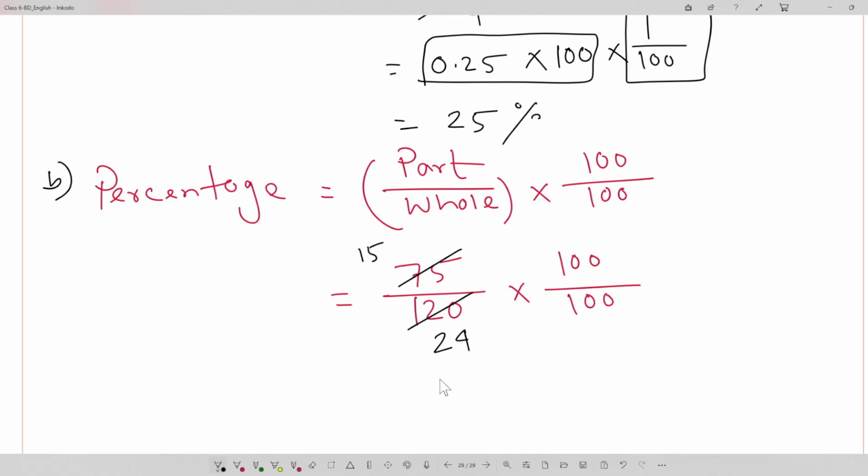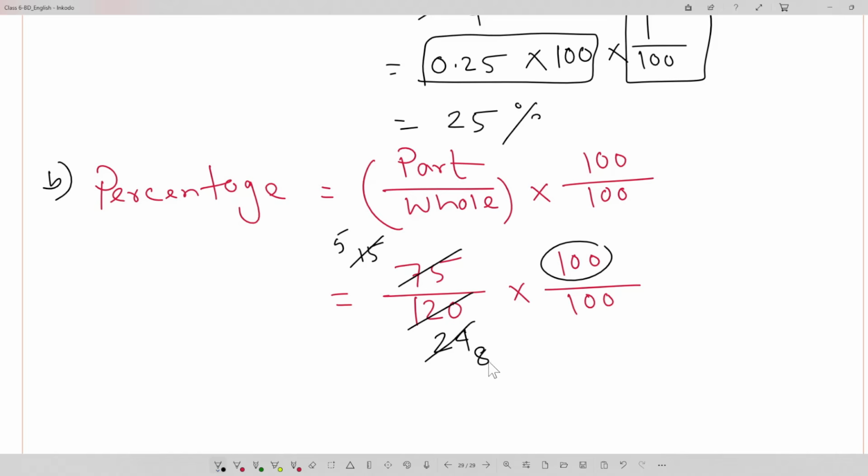Now what next? This one also, look, we can divide by 3. How? 24 divided by 3 is 8 and 15 divided by 3 is 5. Okay, so till now we can divide this one.